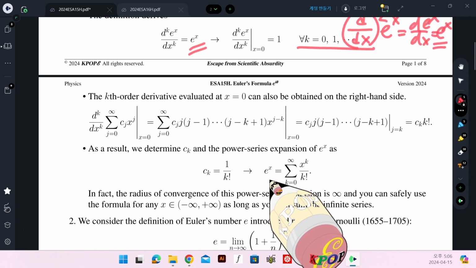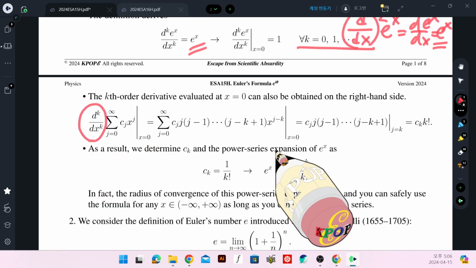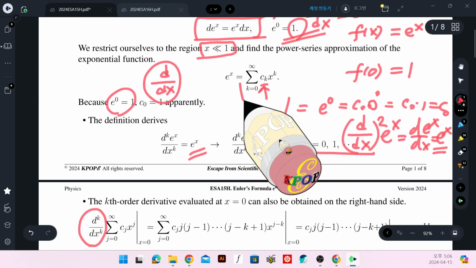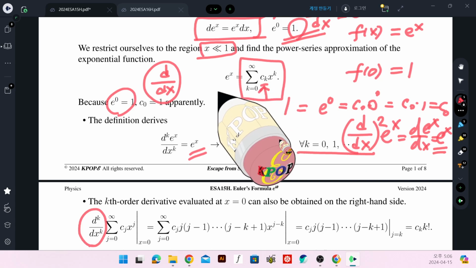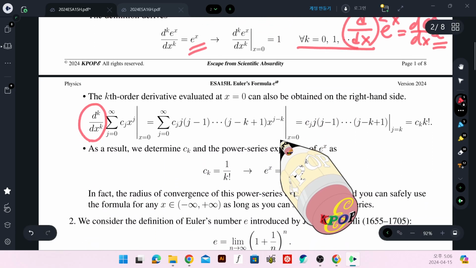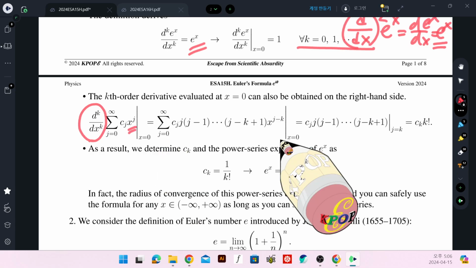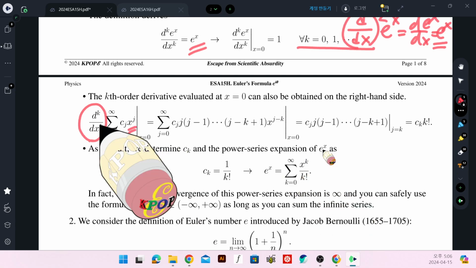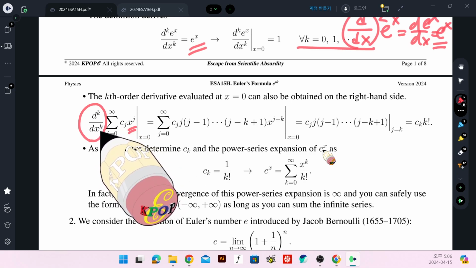Because of this, we can apply this operator to the right-hand side, the power series expansion of the exponential x in powers of x. We know how to find the derivative of a polynomial. We apply this derivative operator k times.